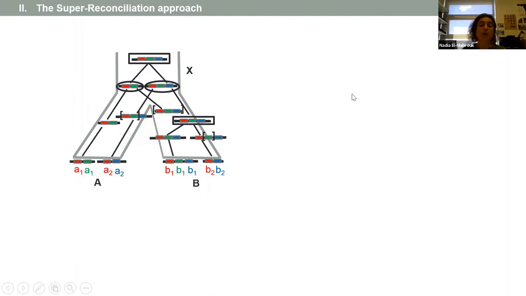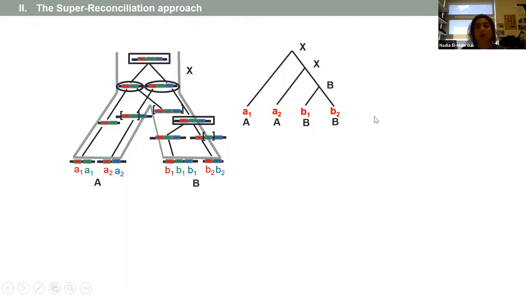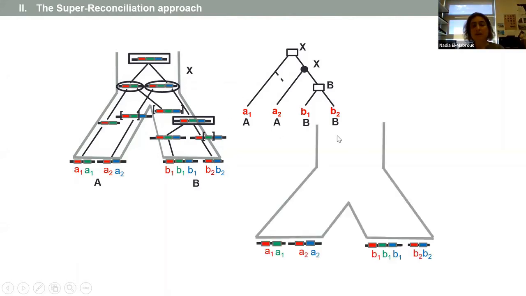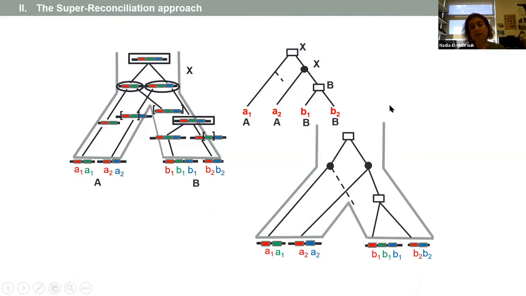So now, if we take each gene family independently, and if we correctly infer the evolution of each gene family, this would be the tree for the red gene family. Then we can reconcile this gene tree, which makes this labeling of internal nodes: a duplication here, a speciation here, a duplication here. We can place it again in the species tree.